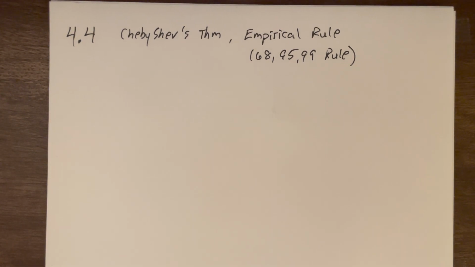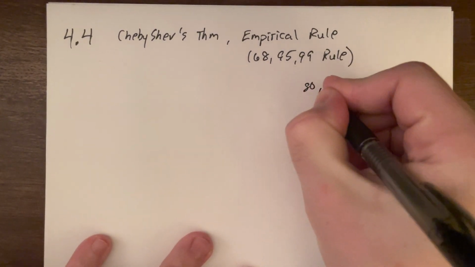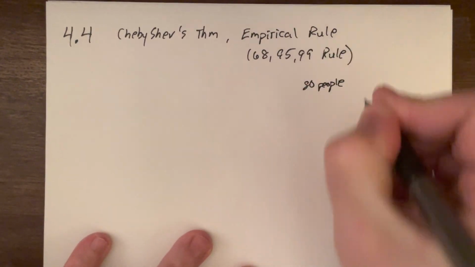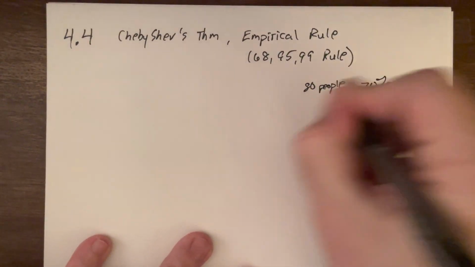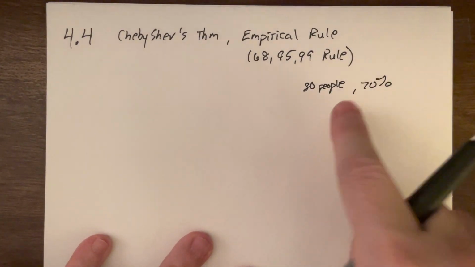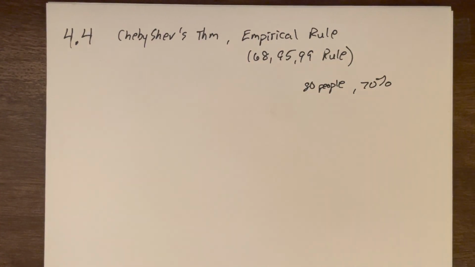Actually, before we even start, let me just give a quick reminder about percentages. So if we had 80 people or objects, and we knew 70% of those people or objects did what we wanted. They worked properly, they believed in the same scenario as we did or something like that.